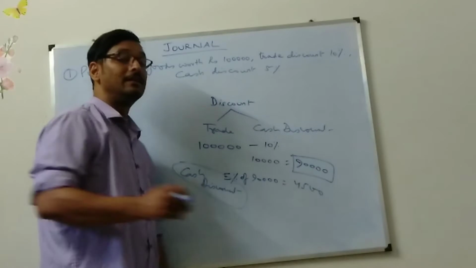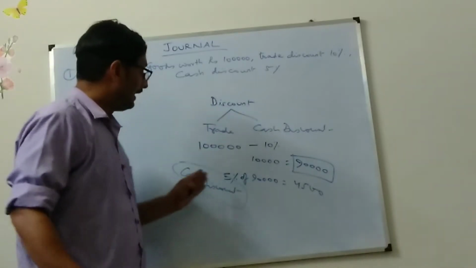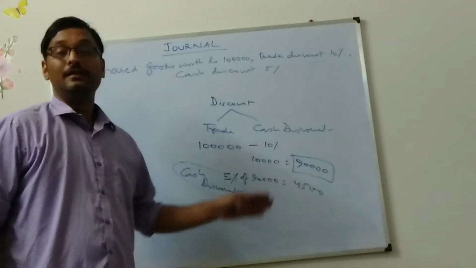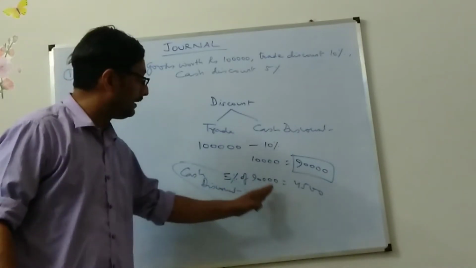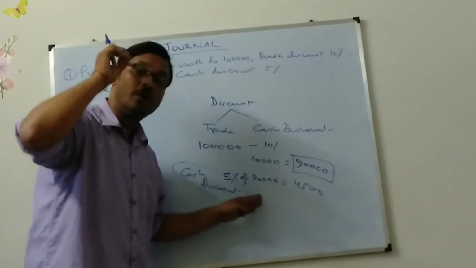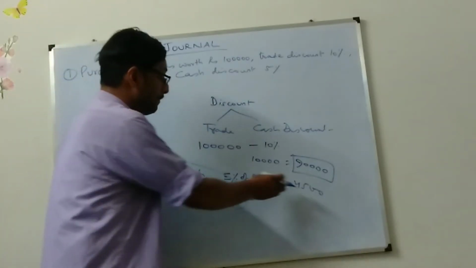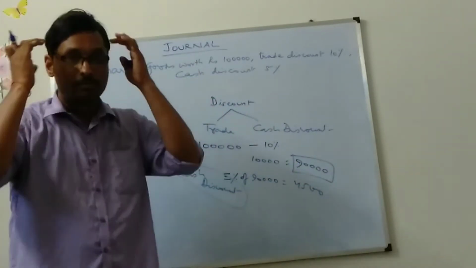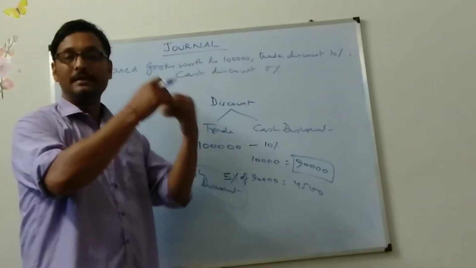That 5% discount which he gives is your cash discount. You need to calculate this on 90,000 because he has given you those goods for 90,000 only. So keep this 4,500 in mind, and accordingly you will be making journal entries.